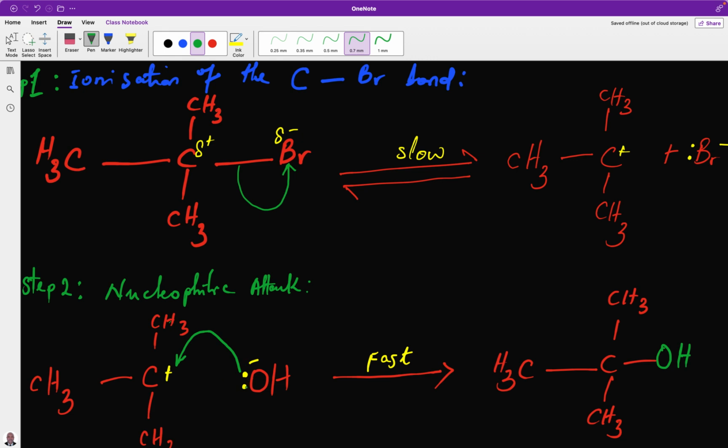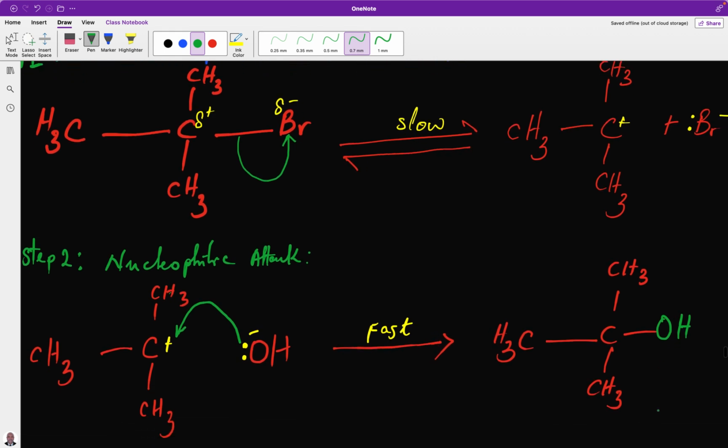As the OH is attracted towards the positive carbon, it donates this pair of electrons to this positive carbon. Now, a new bond is established. And this reaction is very fast, forming an OH. And this results in an alcohol.